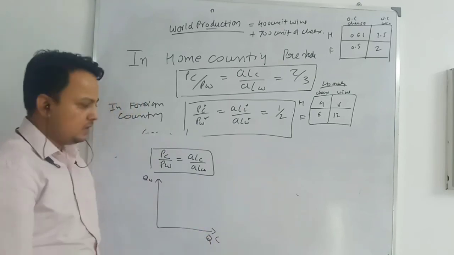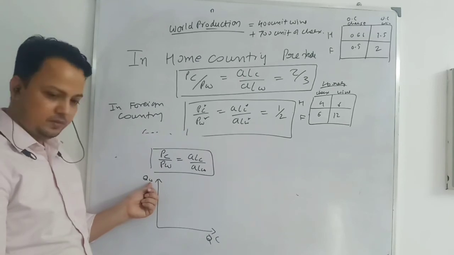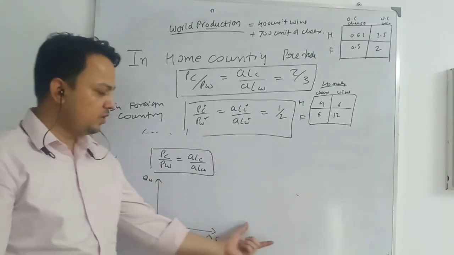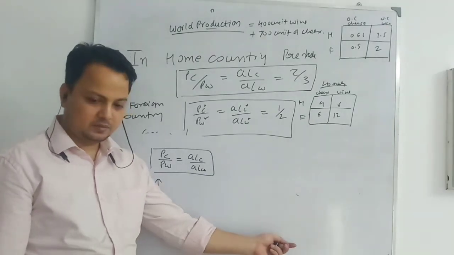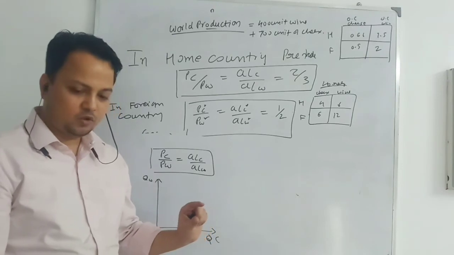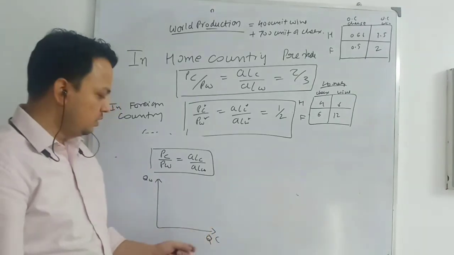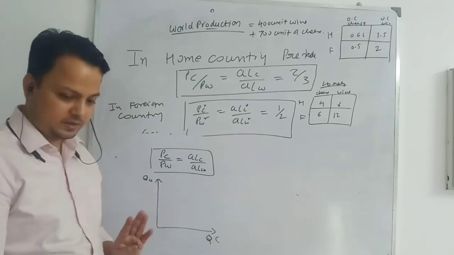Since the home country has comparative advantage in the production of wine, I am going to derive relative supply, quantity of relative supply and relative price. So I am going to look in terms of the home country. Whatever opportunity cost my home country has, I will be taking on the x-axis.